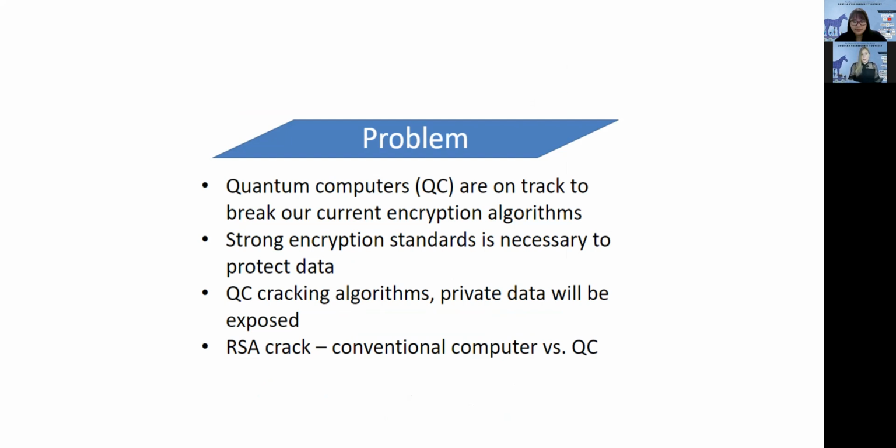They do speed up super polynomially. So that means we would need strong encryption standards that are necessary to protect our data. So cracking our current classical computer algorithms with quantum computers, all of our private data will be exposed. So RSA using Shor's algorithm has already proven that it's able to crack the RSA code.